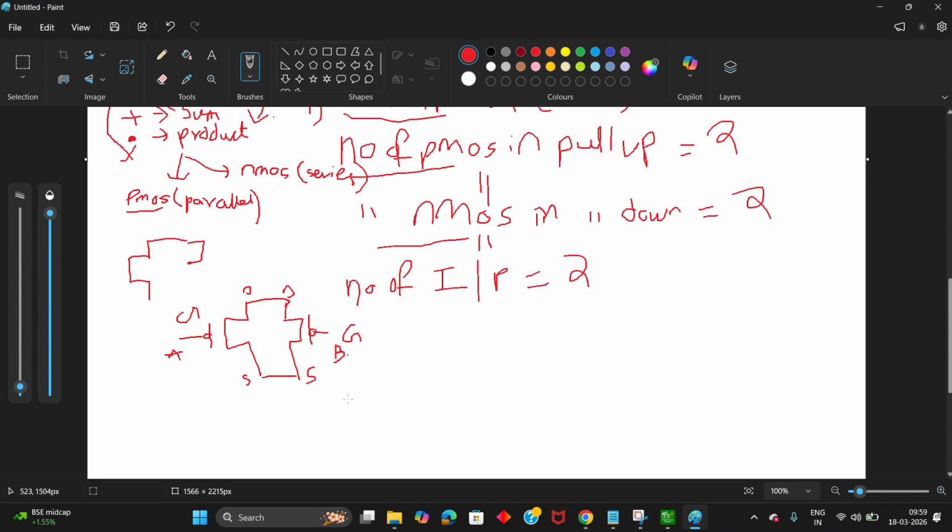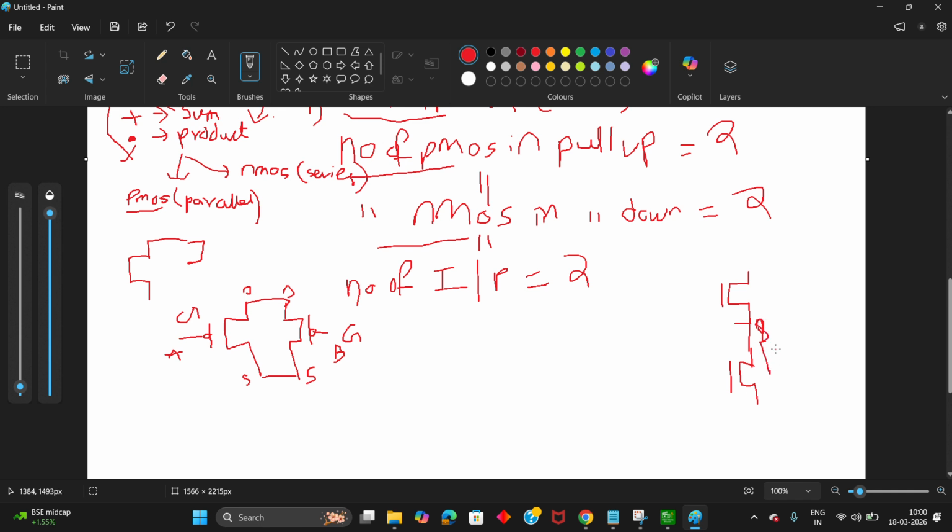Now, how do we make the series connection? For example, this is one PMOS and this is another PMOS. You are going to connect drain and source.